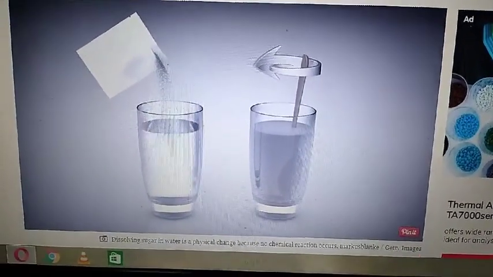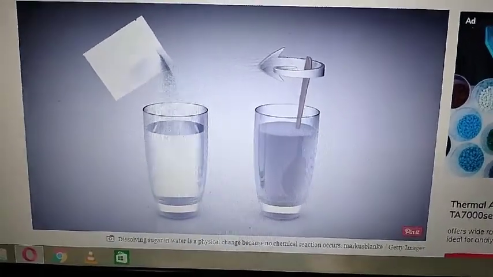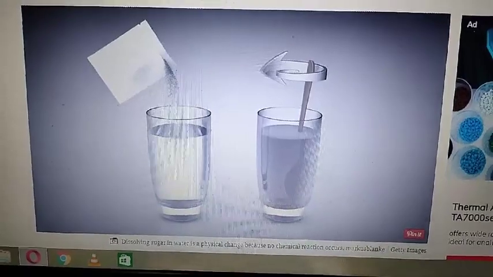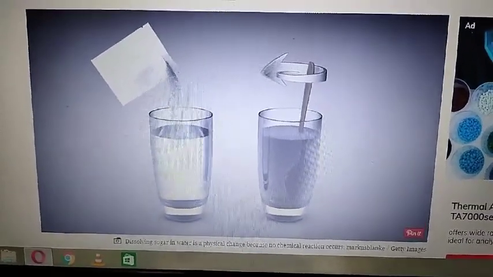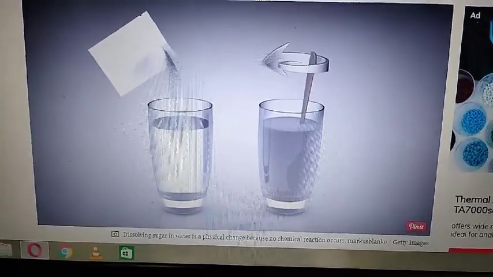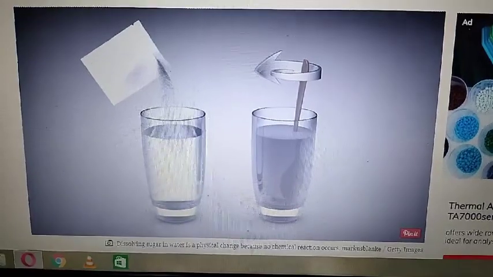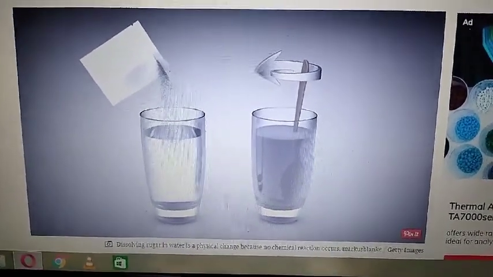If you reverse it, you will recover the sugar in the form of crystals, and no new substances are formed. Basically, sugar has not lost its basic properties. So dissolution of a solid, sugar, in a liquid is a physical change.